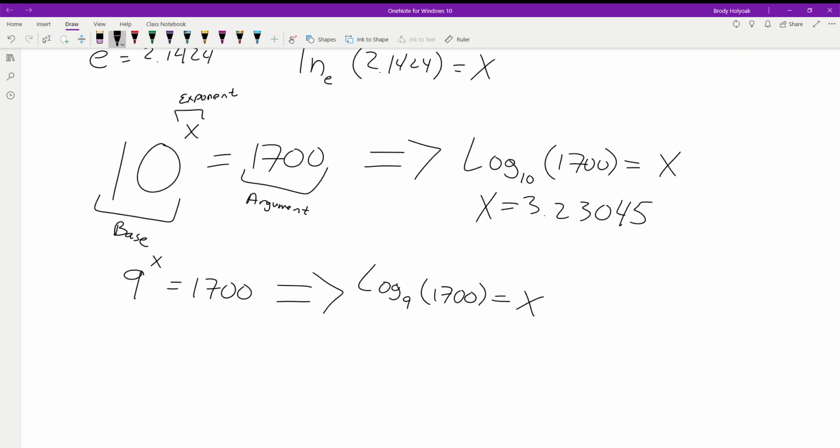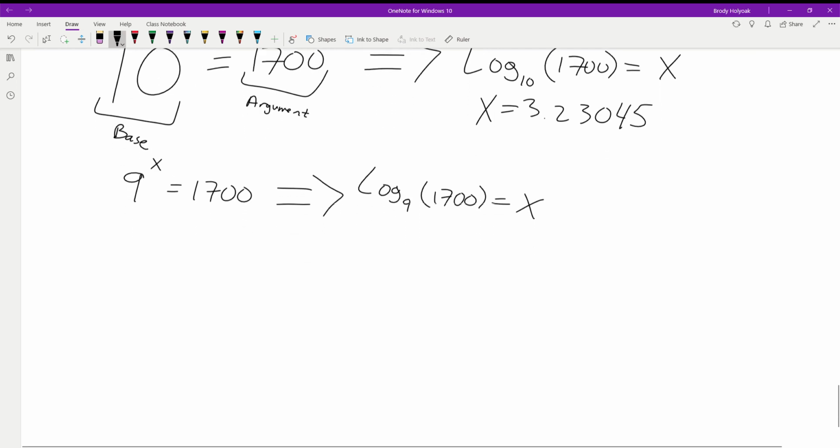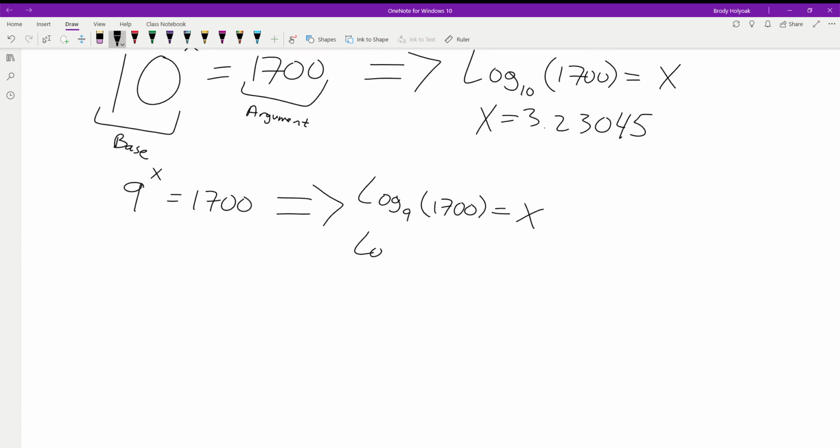Calculators cannot do base 9, so it becomes log base 10 of 1700 divided by log base 10 of 9. So all we're doing is a conversion to get this exponent by itself to solve for it. And we can go back and forth as well.